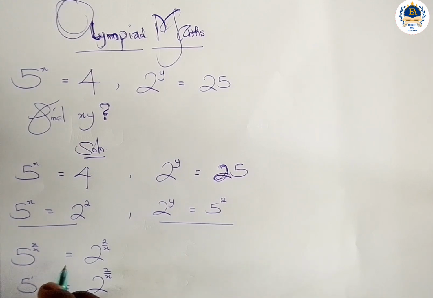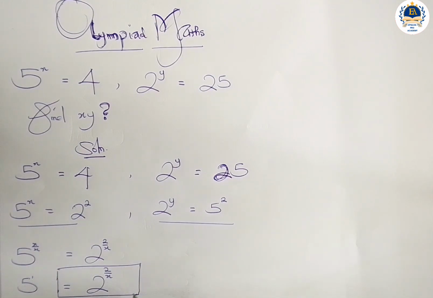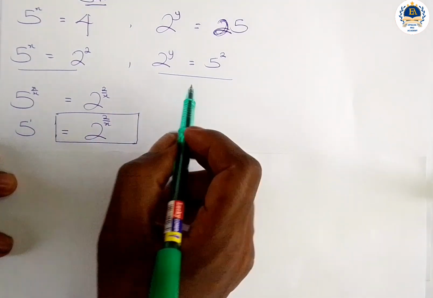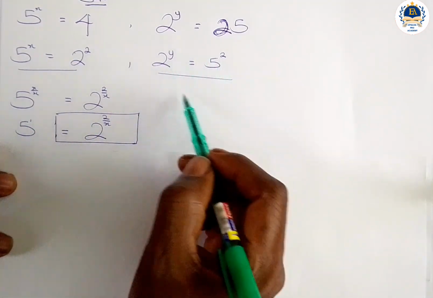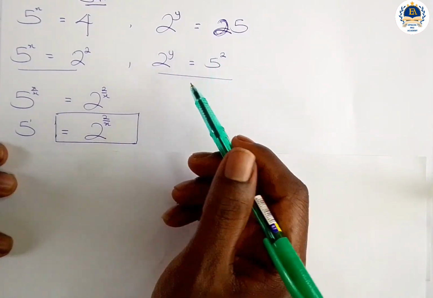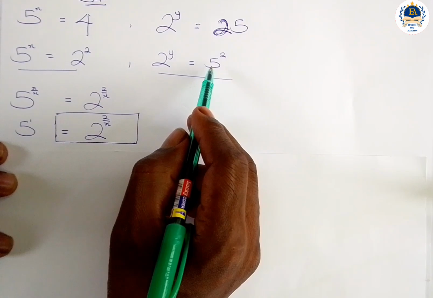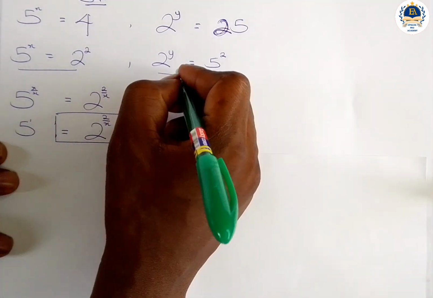Any place where 5 is written, we should put this into it. So since 5 is equal to 2 raised to the power of 2 over x, from the second equation we are going to replace 5 by this. Let's rewrite this equation.